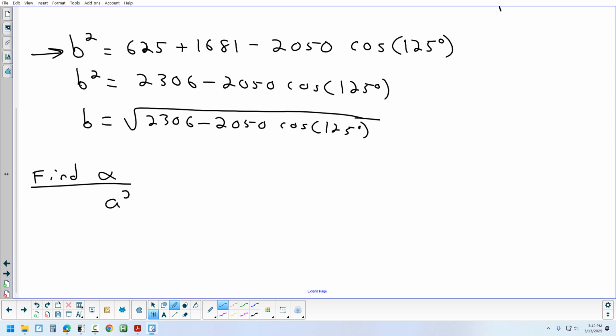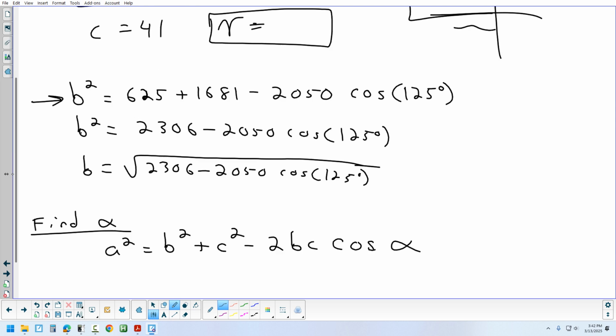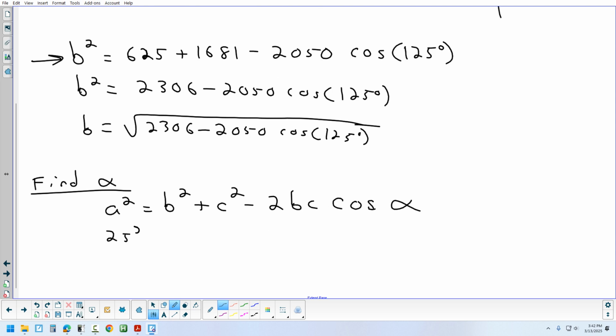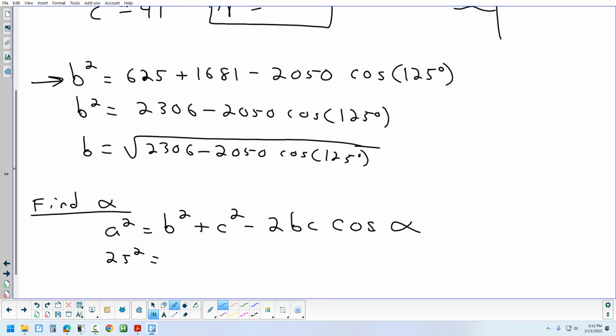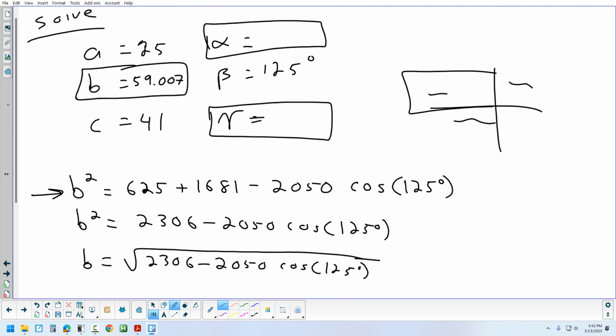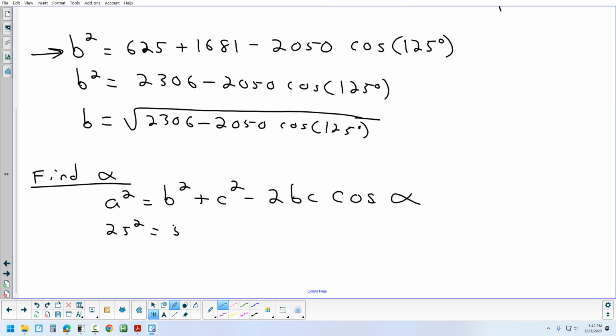a squared equals b squared plus c squared minus 2bc times cosine alpha. Okay, so we can fill everything in. So a squared equals b squared, which would be 59.007.